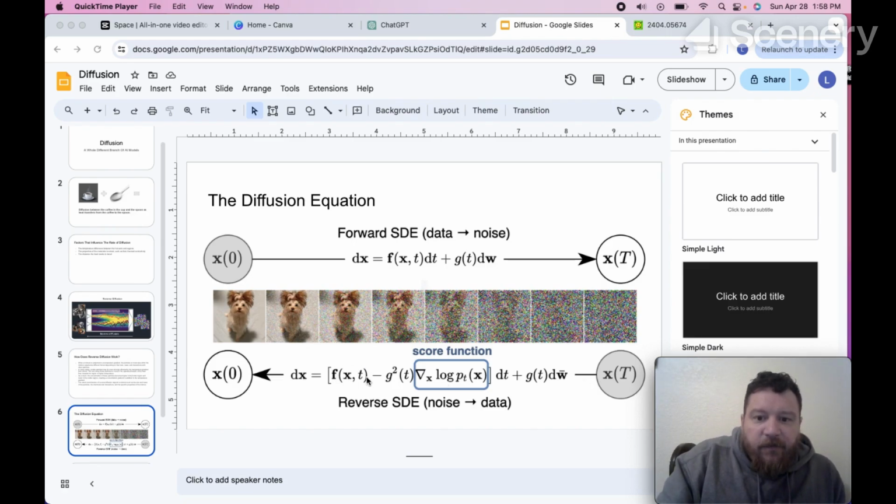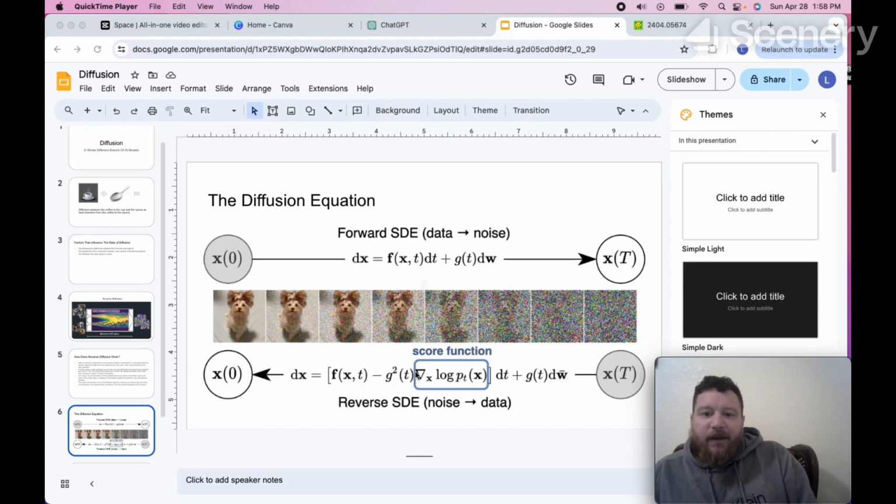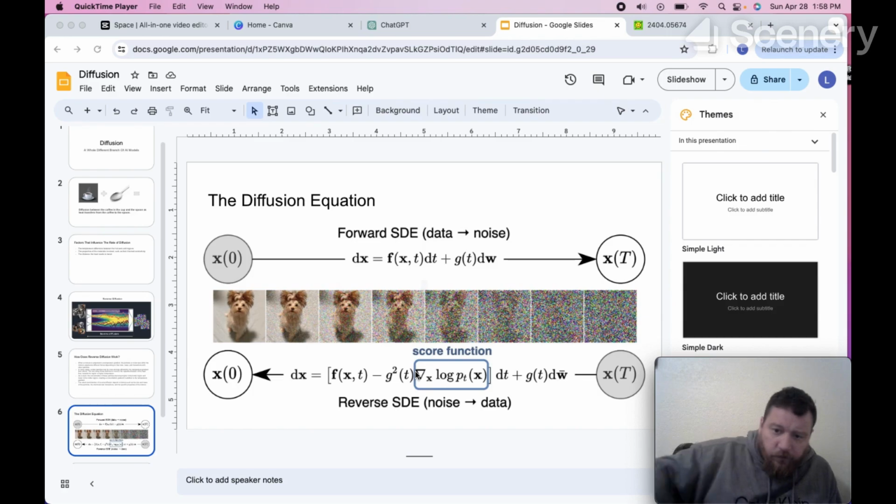And then on the reverse diffusion, after the f(x,t), you've got a little bit more math, starting at the minus g squared, but then it ends with the same equation, plus g(t) times dw.